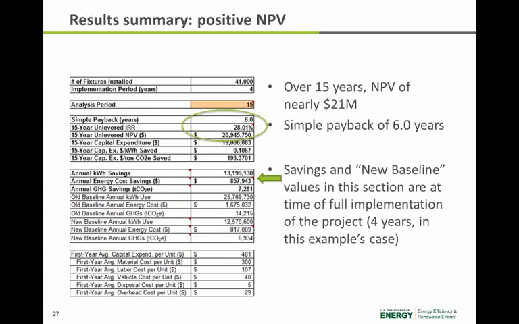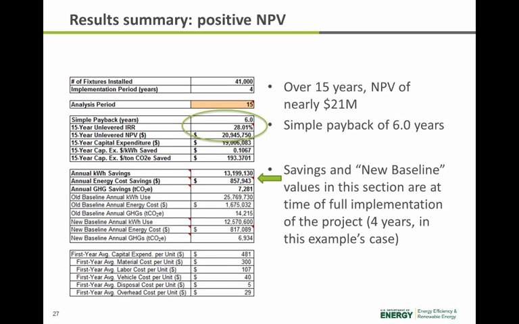Okay, on to the results summary here. As you can see in the highlighted oval there, the simple payback of this example was 6 years, and the net present value was just under $21 million. And then in the section below that I've highlighted with the green arrow, the savings, what I previously mentioned I refer to as the new baseline values, or time of full implementation values, are reported in that section below.